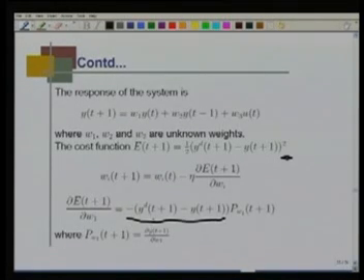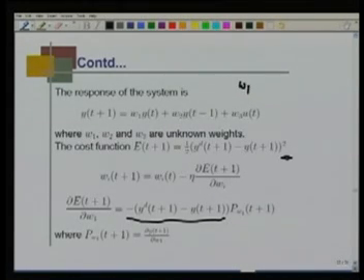If I want to differentiate this particular thing, which is ∂y(t+1)/∂W1, if you look at here, with respect to W1, if I differentiate this one, it is simply: the first one I am differentiating with respect to W1.